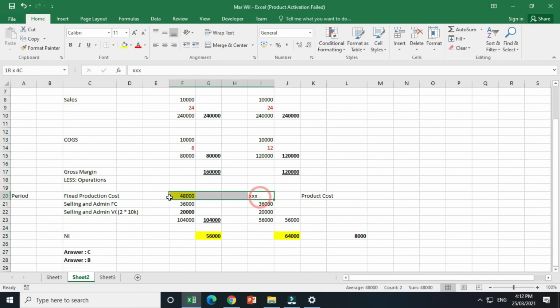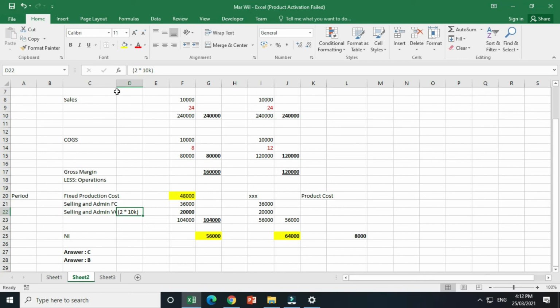So as you can see, the difference. The operating expenses is the same. It says here the selling and administrative variable cost is 2 pesos per unit. So that's a variable but non-production cost. So we multiply that with the 10,000 being sold. In other words, those that have not been sold, we didn't incur any expenses yet.